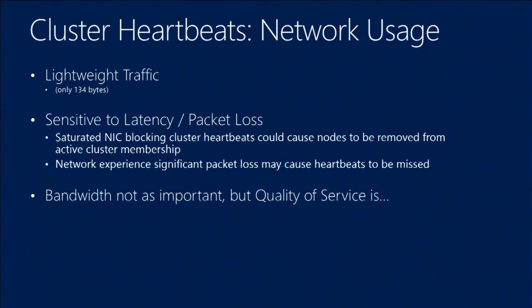It dropped enough packets to cross the 5-second threshold between 2 nodes, and then cluster nodes started to leave the active membership. So ensuring the quality of service for your heartbeat traffic is important. As long as one heartbeat on a network is accessible, the node is considered up. It's not like if a network is down, the node is considered down. So if you have multiple redundant networks, that's always a good thing.